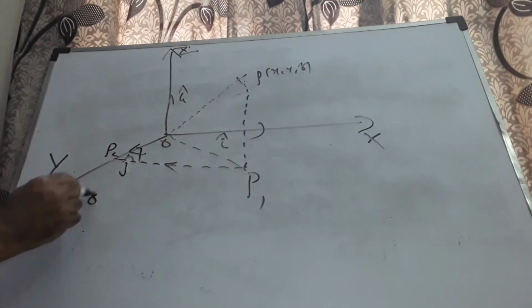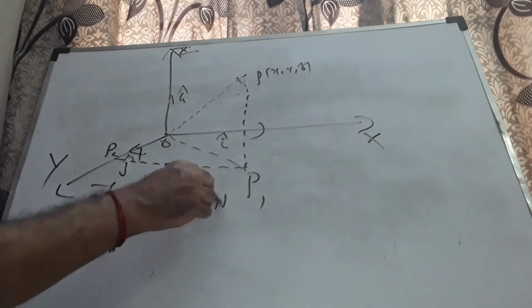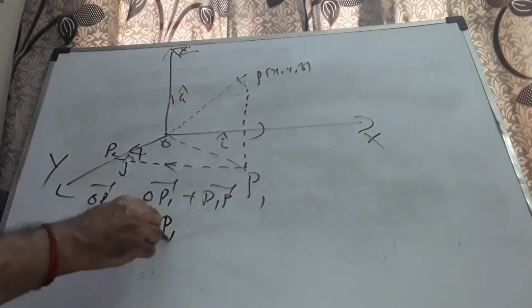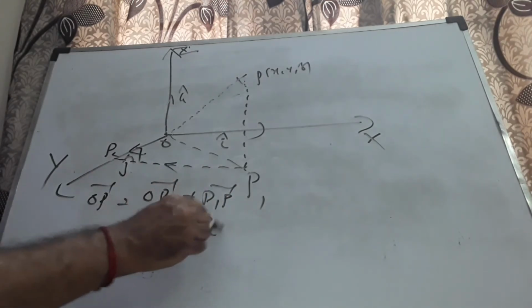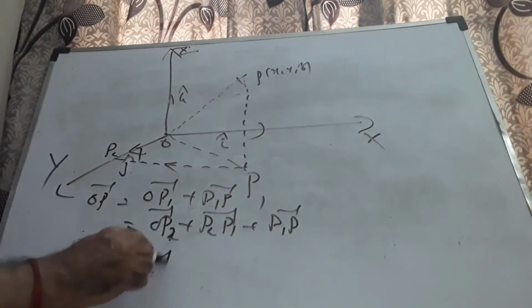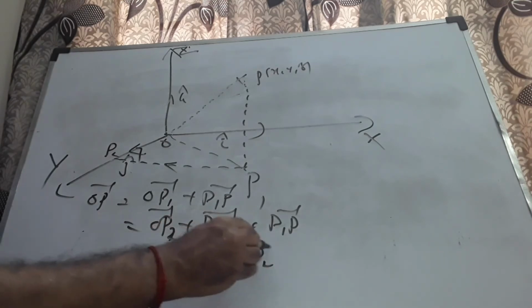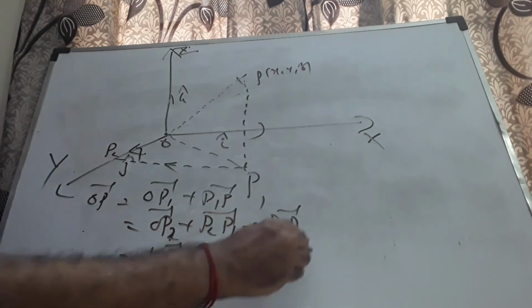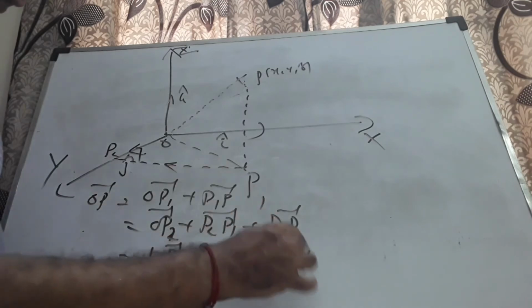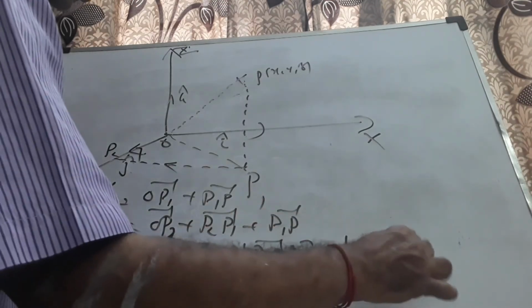Just listen. The OP vector is OP1 vector plus P1P vector, which is OP2 vector plus P2P1 vector plus P1P vector, which is modulus OP2 into j cap plus modulus P2P1 into i cap plus modulus P1P into k cap.